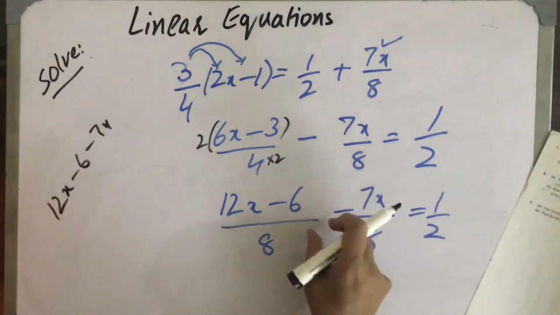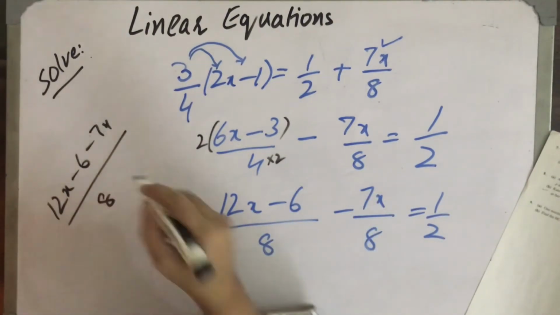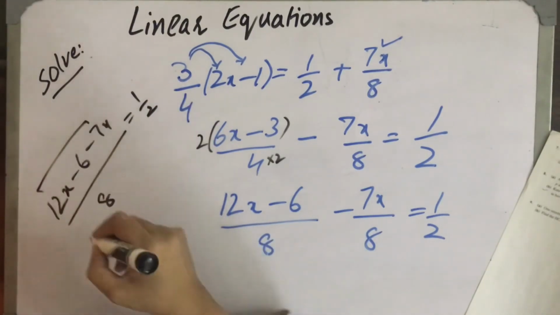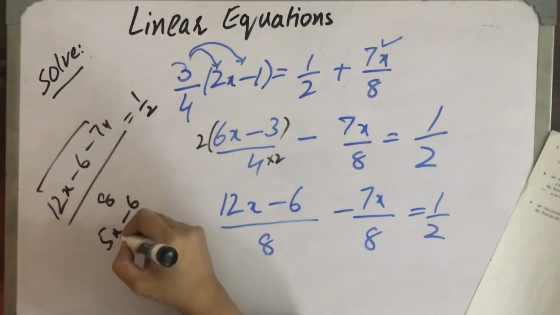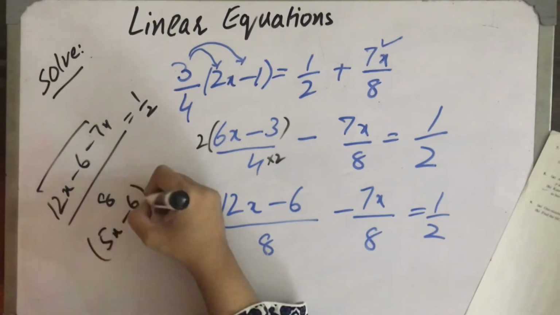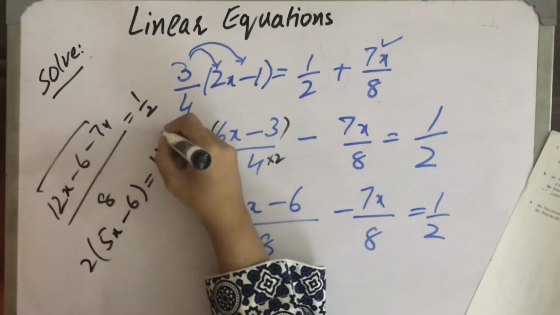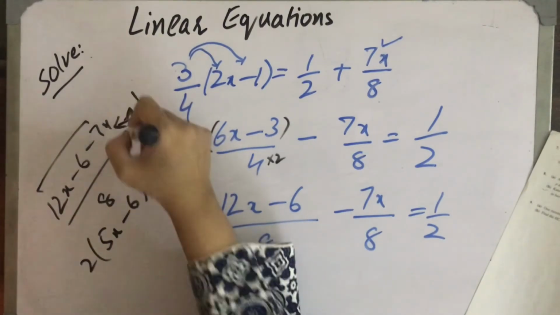When we bring 7x onto the same fraction, it will be negative now, equals 1 over 2. 12x minus 7x will give me 5x minus 6, and I shall multiply it with 2 when we do the cross multiplication, and I shall multiply 1 with 8.